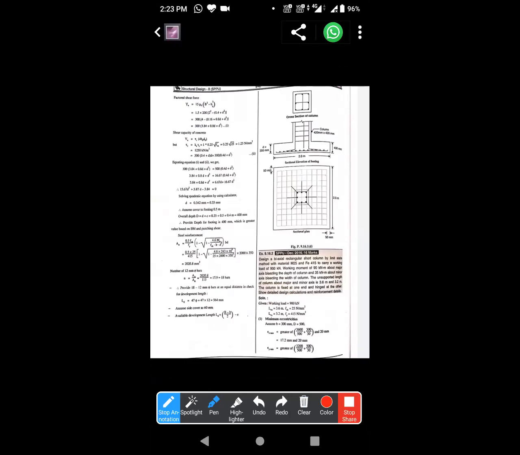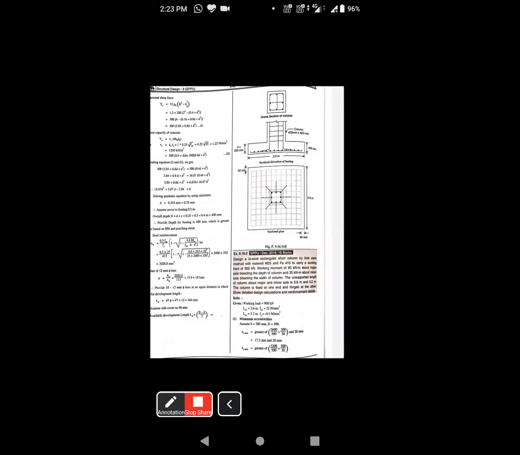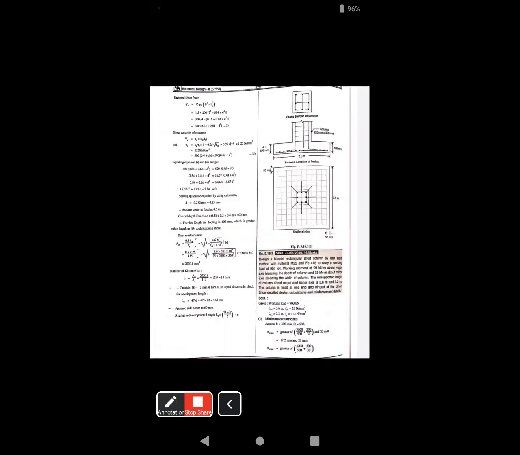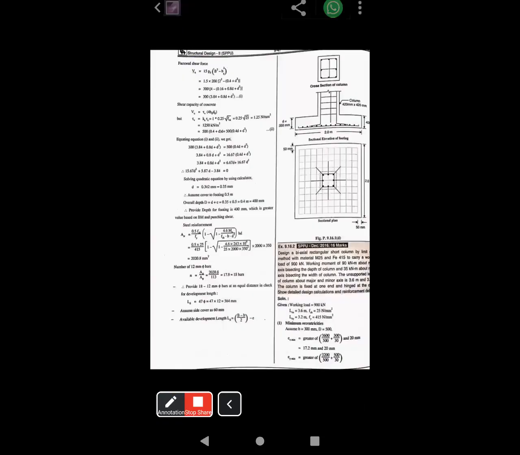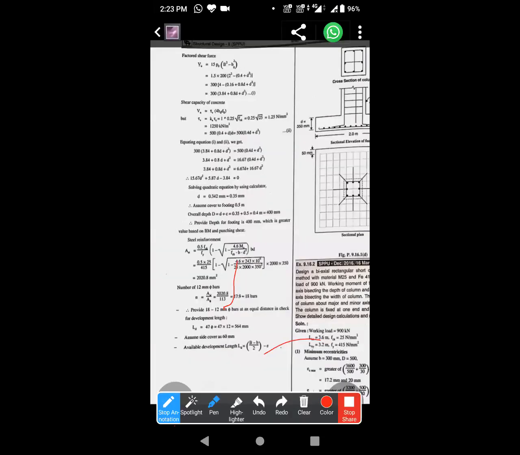Now you have to go with the factored shear force. The factored shear force VU is equal to, this is the formula we have already studied. You have to put the respective values, that is uplift pressure, B, B0 and so on, and you are going to get the equation.